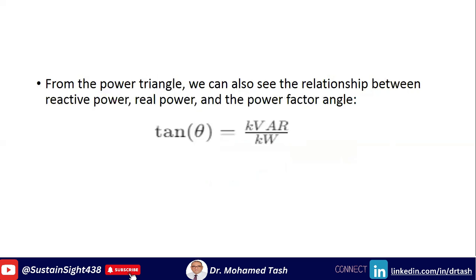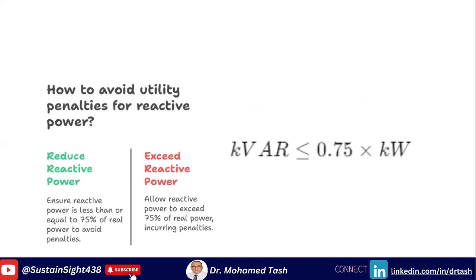angle. From the power triangle, we can also see the relationship between the reactive power, real power, and the power factor angle as tan theta equals the reactive power divided by the real power.